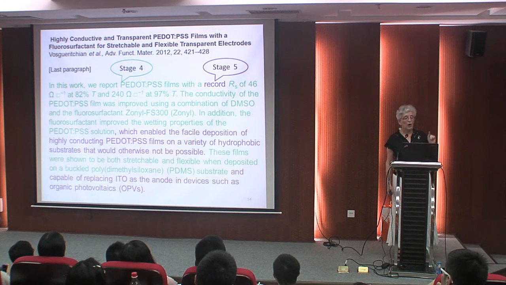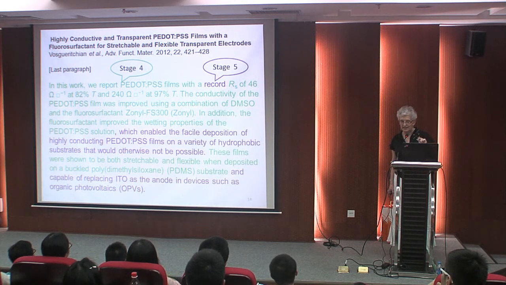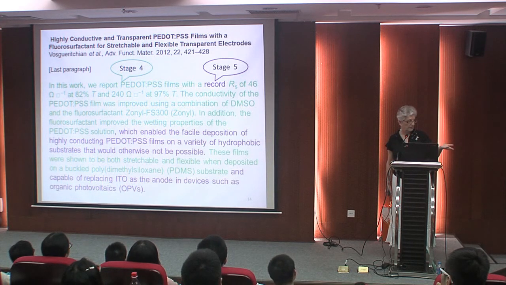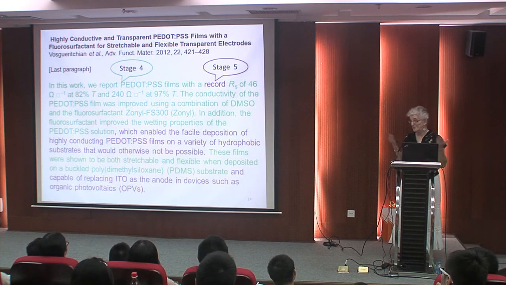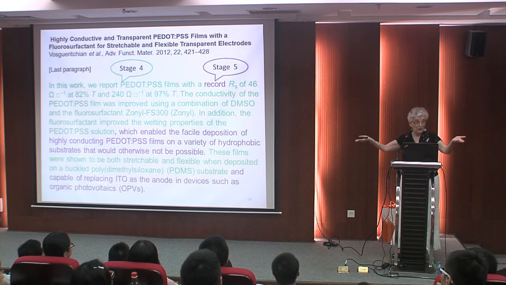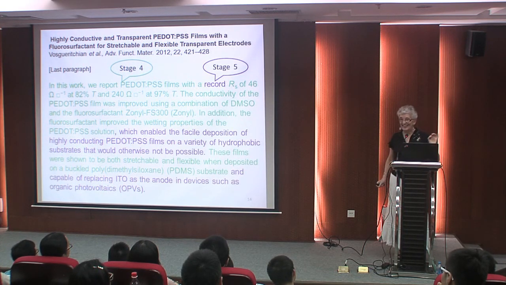In this work, we report PEDOT:PSS films with a record Rs of this number of things. You see, it doesn't matter to me what they are. It matters to you, yeah? But this is the important finding, yeah, that is being summarized here.